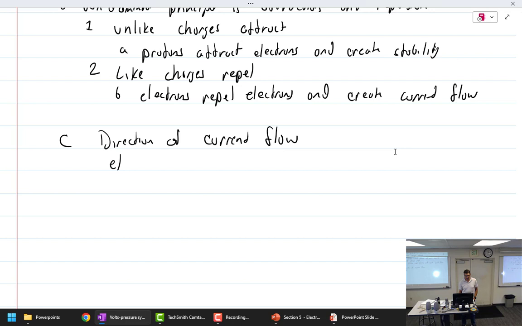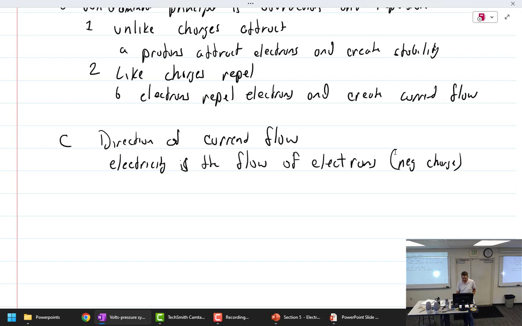Since electricity is the flow of electrons, the flow of electrons that have a negative charge, that means that electrons repel.